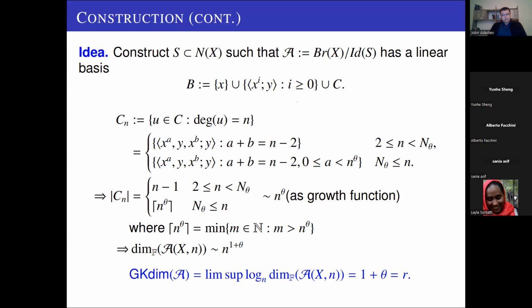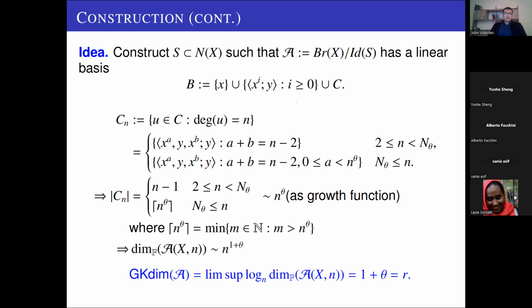We write C_n, the subset of C, and the elements in C_n are just the elements in C whose degree is n, the degree n part. Because we know what C is, we can just write down C_n.